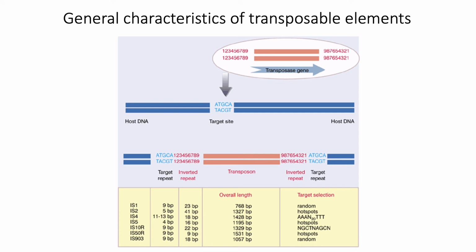And what is shown on the right side of this table is the specificity, or lack of it, for some of these different IS elements. Again, IS elements, insertion sequences, transposons or transposable elements all mean the same thing.